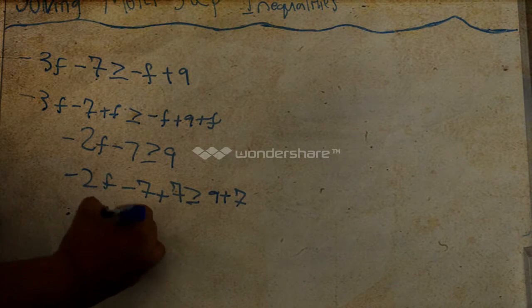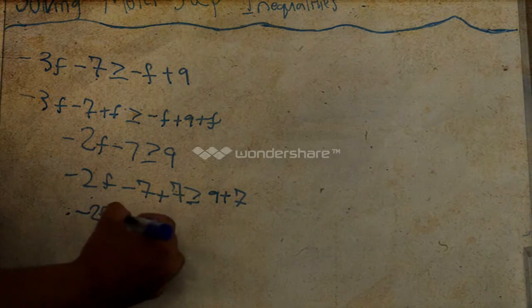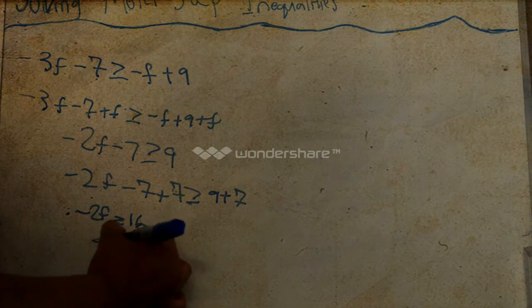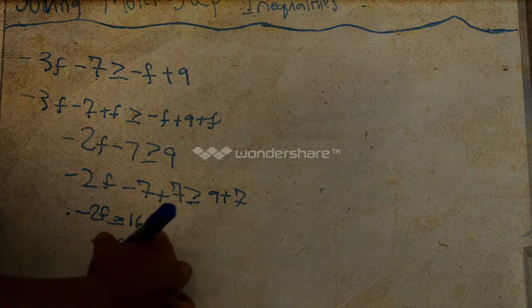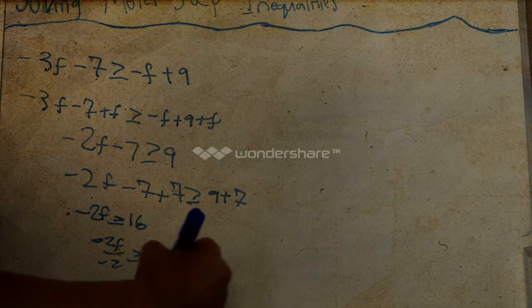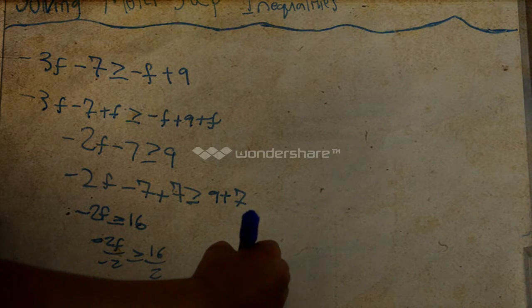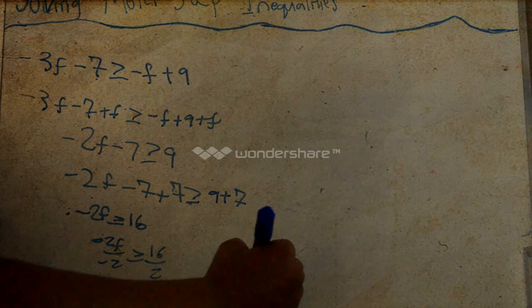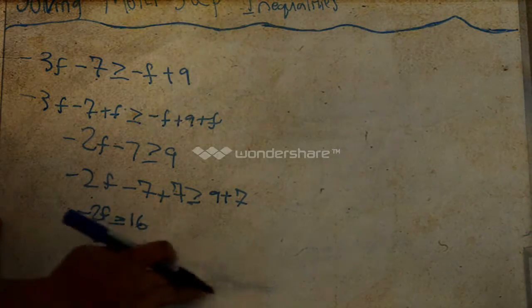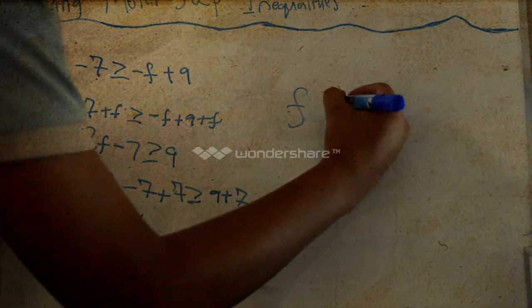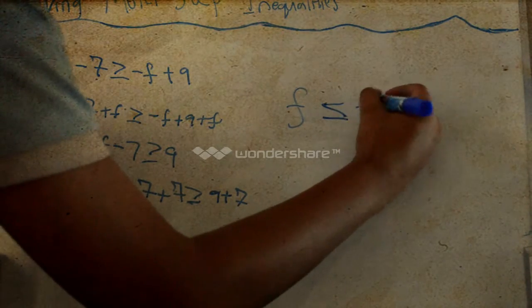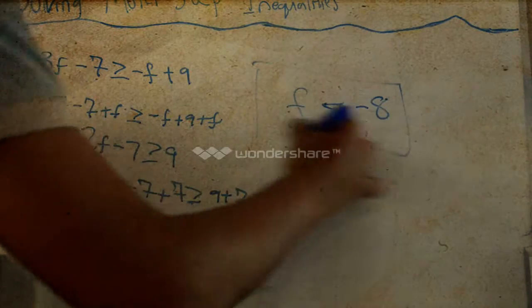Negative 2f is greater than or equal to 16. So negative 2f divided by negative 2, reversing the sign, is less than or equal to 16 divided by negative 2. So f is less than or equal to negative 8. This is the answer.